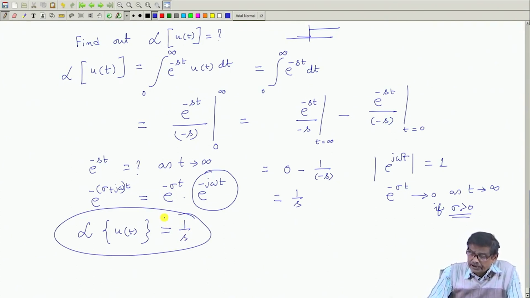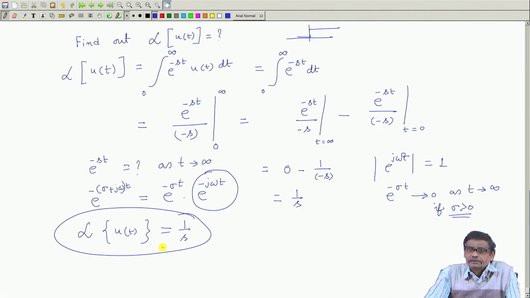Now, only one point I will tell you. In this derivation, I saw that this integral will become 1 by s provided sigma is greater than 0. Any value of sigma will do, 5, 2, 9, whatever it is, but it must be greater than 0.